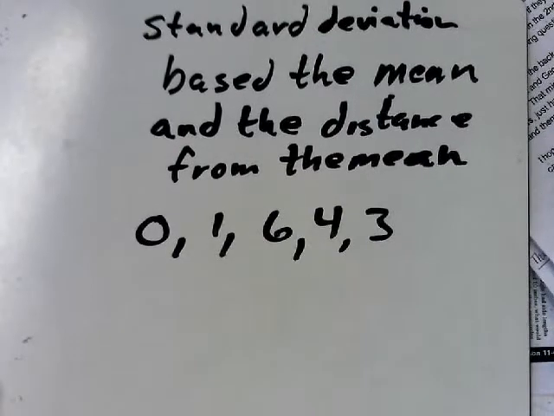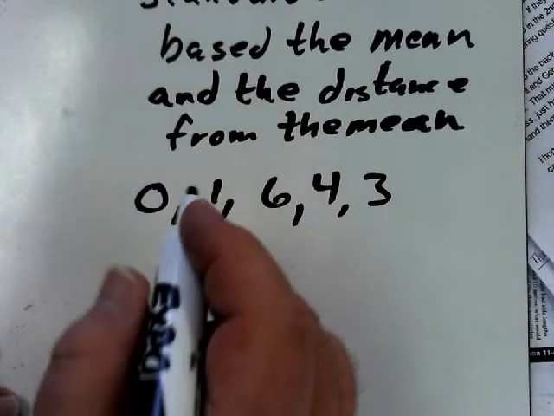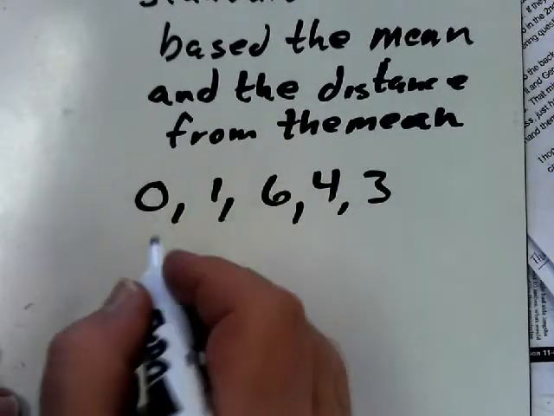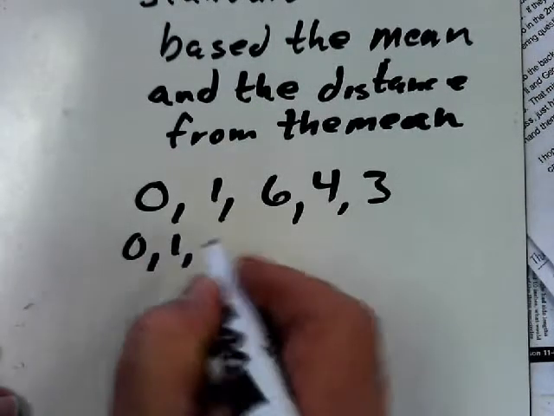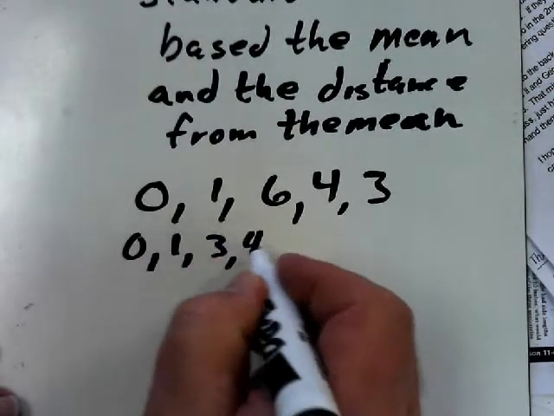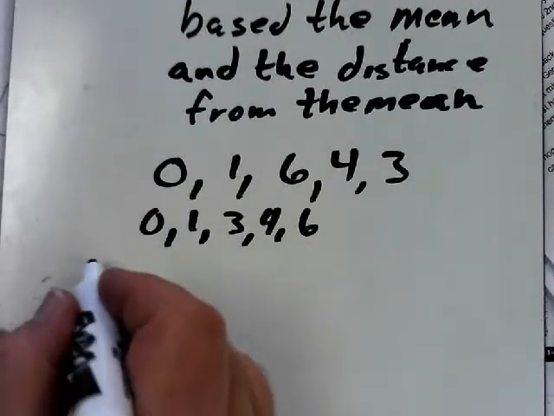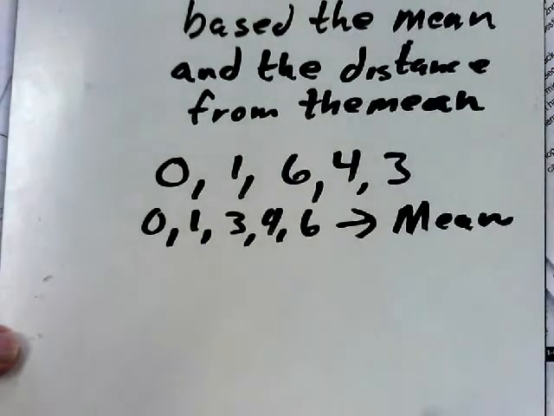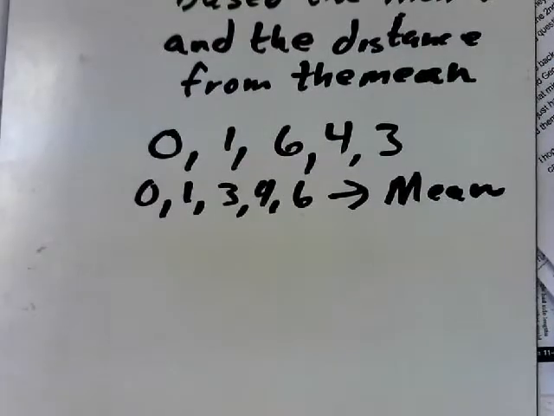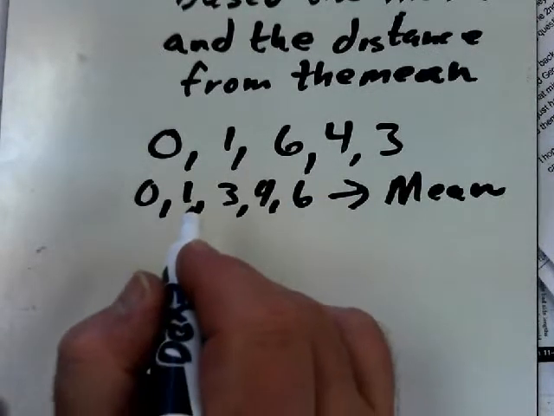But the first thing that I need to do with a set of data like this is, first of all, put it in order from smallest to largest. And then I find the mean. First step is find the mean. So I have to add all of these together and divide by 5, correct?